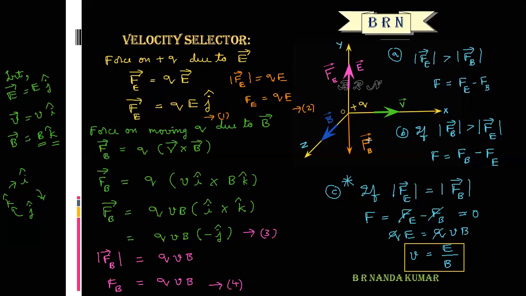Okay, so what is the meaning of velocity selector? Velocity selector means selecting charged particles of same velocity from a beam of charged particles moving with different velocity.